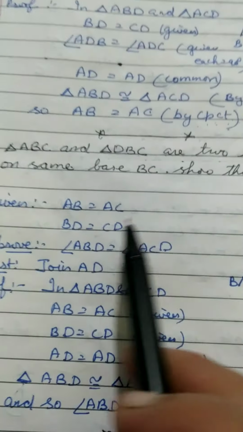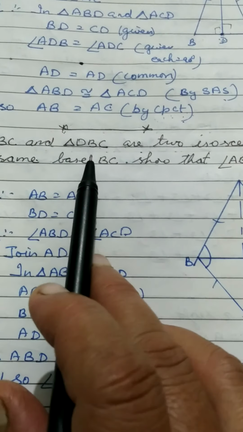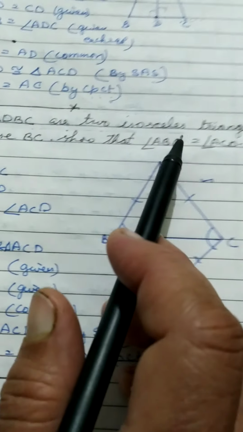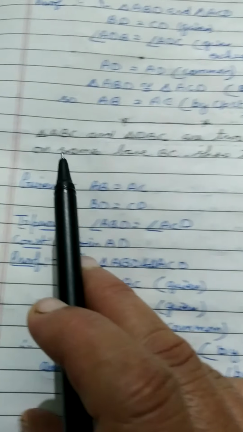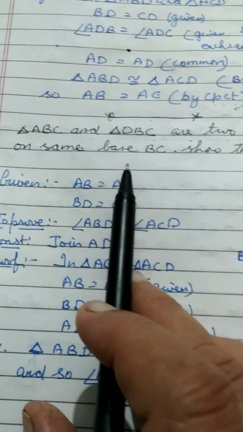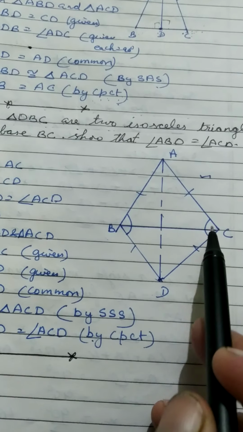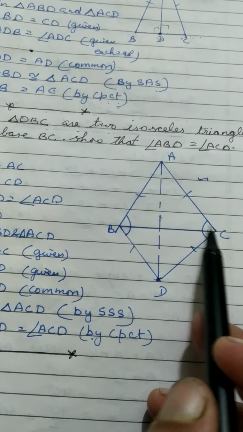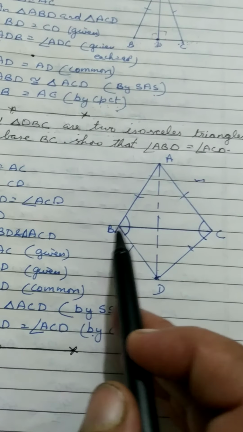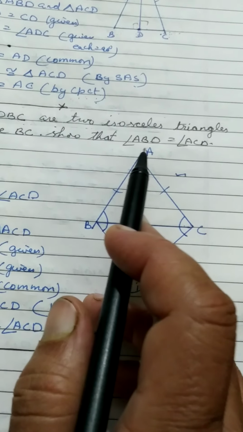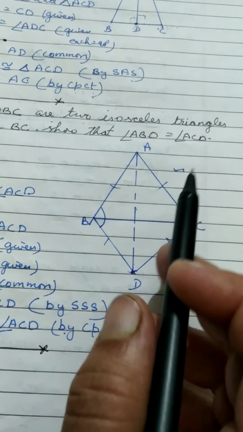5. Triangle ABC and triangle DBC are two isosceles triangles on the same base BC. See here, triangle ABC and triangle ADC are two triangles on the same base and on opposite sides of BC. Show that angle ABD is equal to angle ACD.